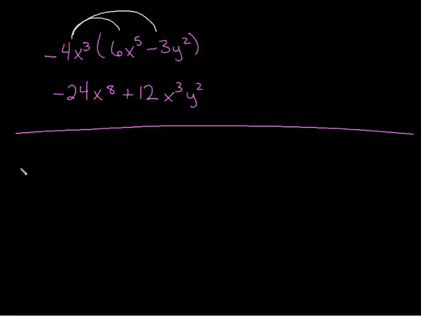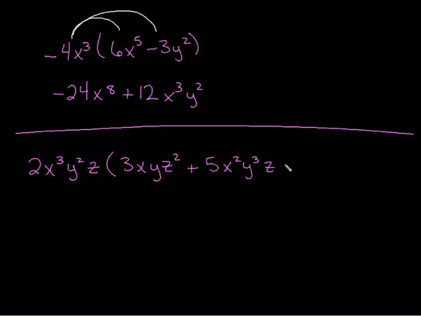Now if I have multiple variables in my term, something like this, I'm going to multiply the like parts.